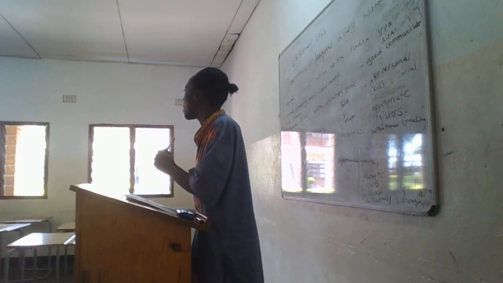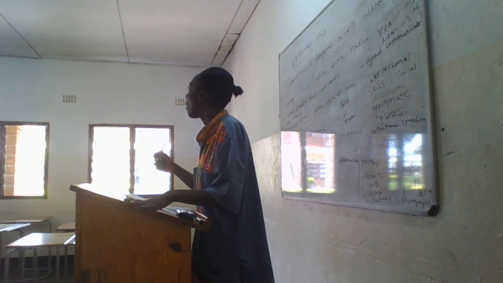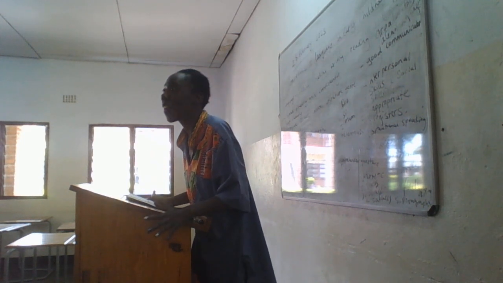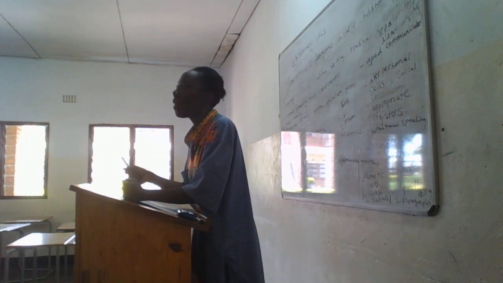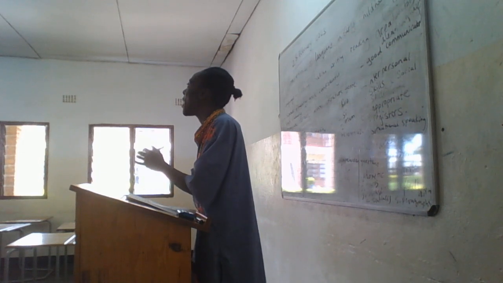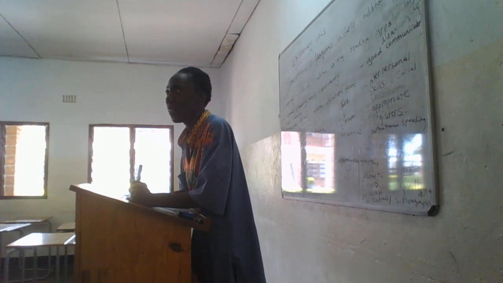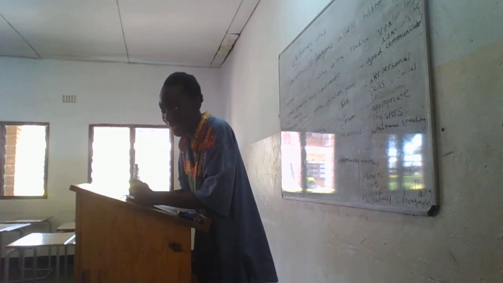A typical example I can give you about language development is the British in South Africa. If you go to Cape Town, even the British in Zimbabwe, especially the middle class, the accent is as British as if you are in London.